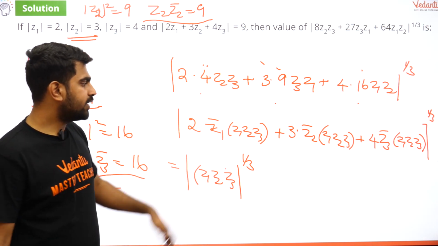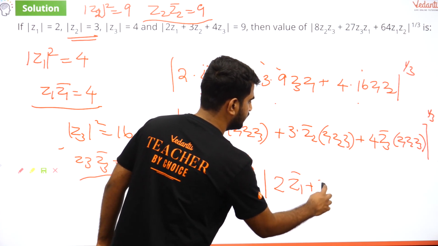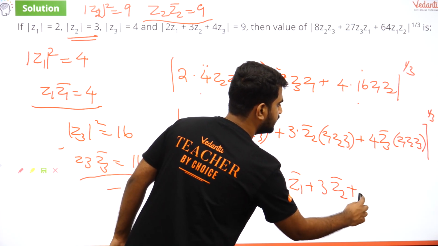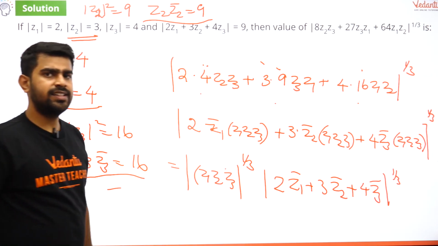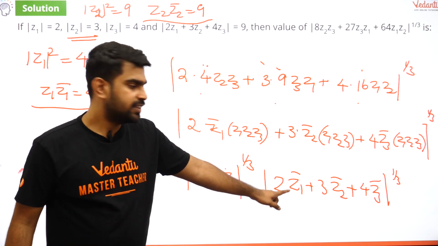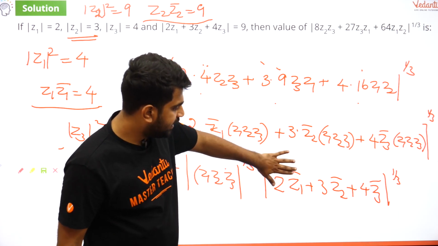Got it? So what is left out? Apart from this, you will have 2z1 bar plus 3z2 bar plus 4z3 bar whole to the power 1 by 3. Now guys, you can see very clearly the bar is attached to all the terms inside. So can I say it is whole bar?